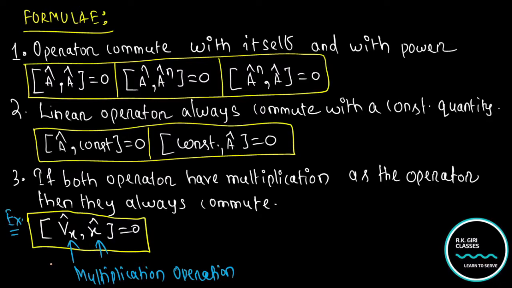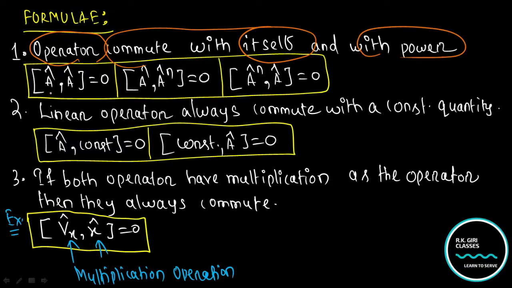Now some formulae and information. An operator commutes with itself and with its powers. This is a commutator expression, with square brackets on both sides. A commutes with A because the value is 0.